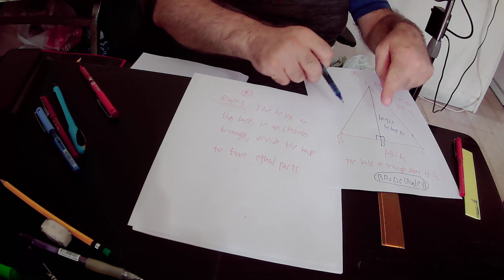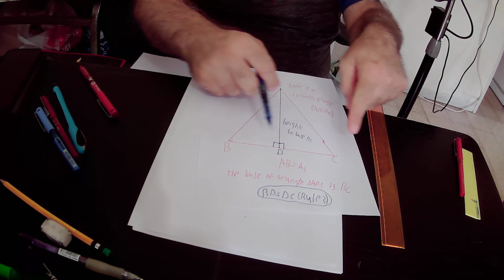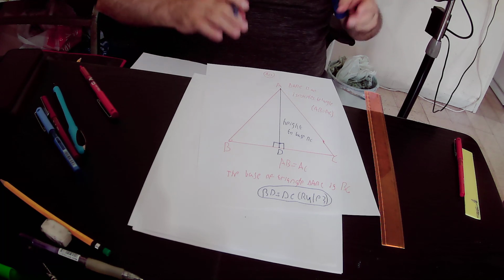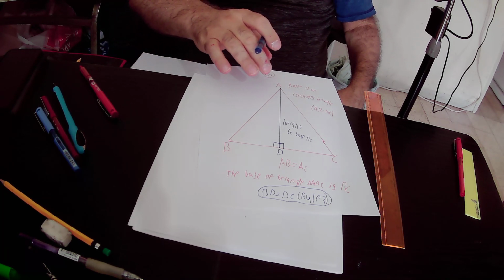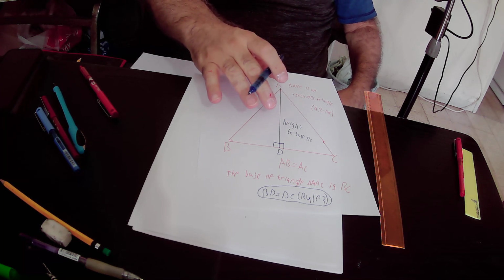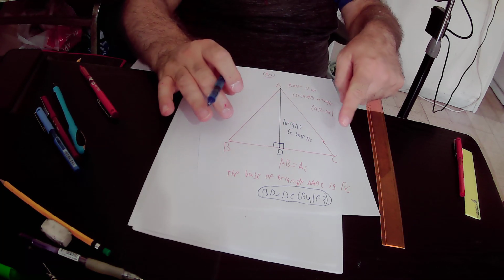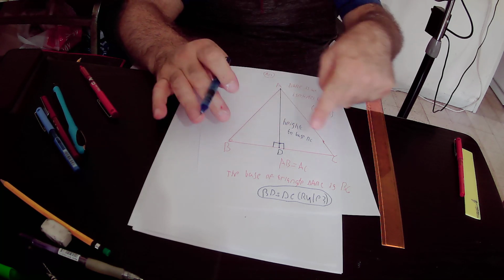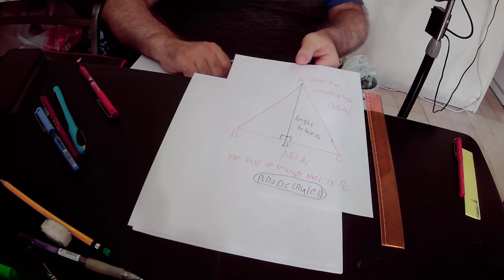That is to say, BD equals DC. Whenever you draw in an isosceles triangle a height to the base, in this case AD, that height divides the base BC into 2 equal parts. Okay?